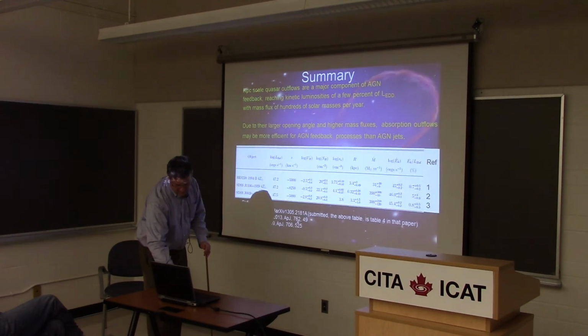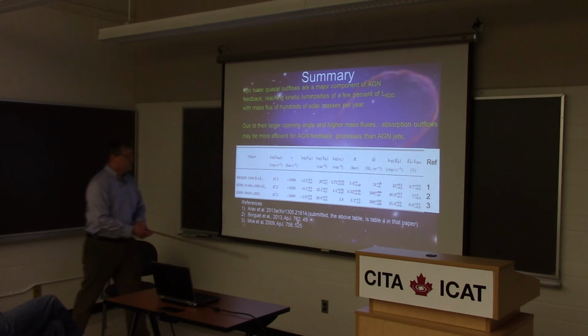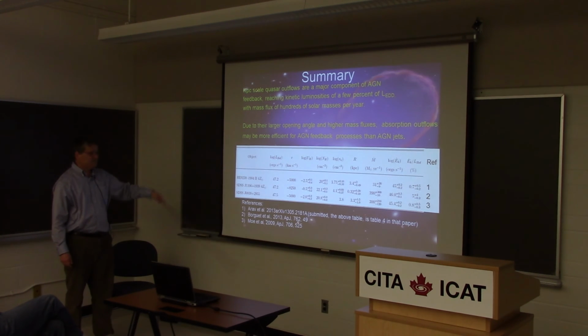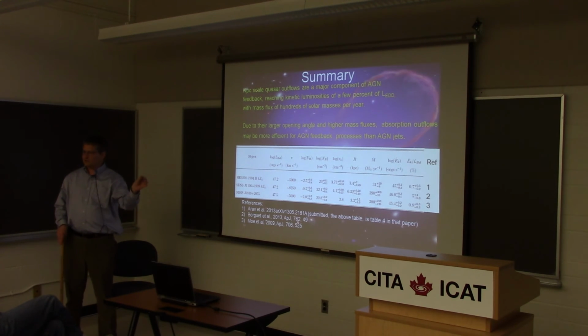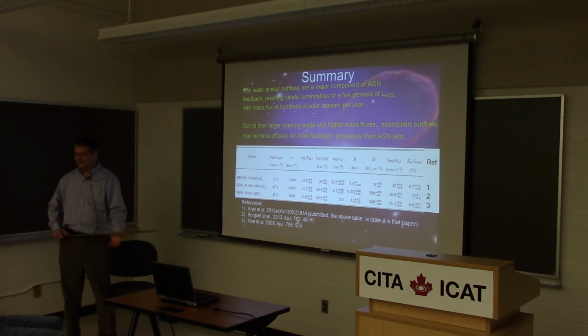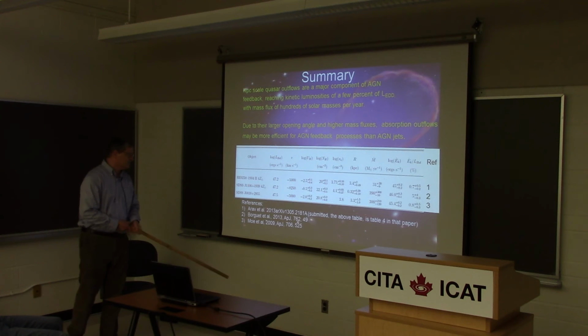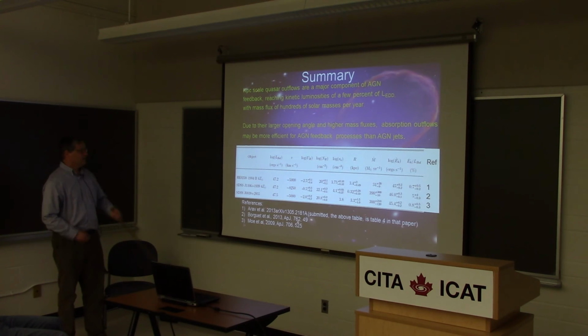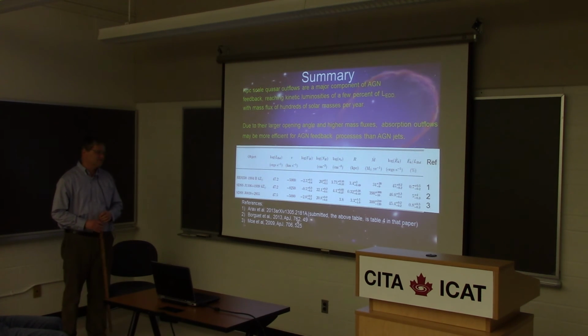So, summary, I'll just put all of this. And I want to show you our 3 best examples. This is a science that is done object by object because the analysis is very complicated. We would love to do a sample of 500, but it's difficult, so we increase them very slowly. These are the 3 strongest outflows from the 10 or 12 that we published.